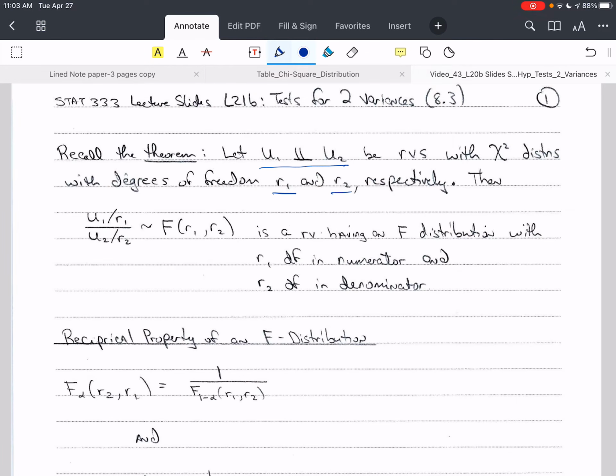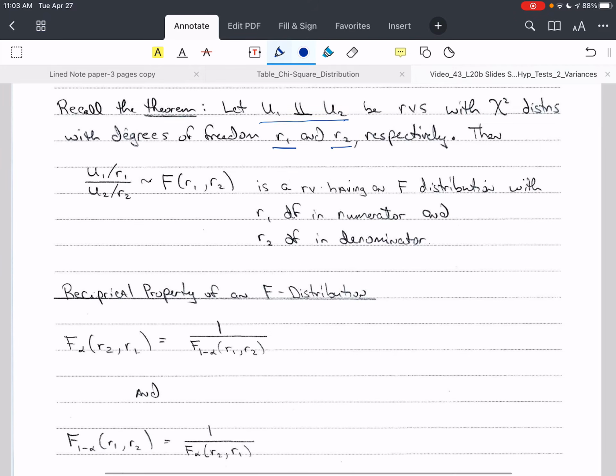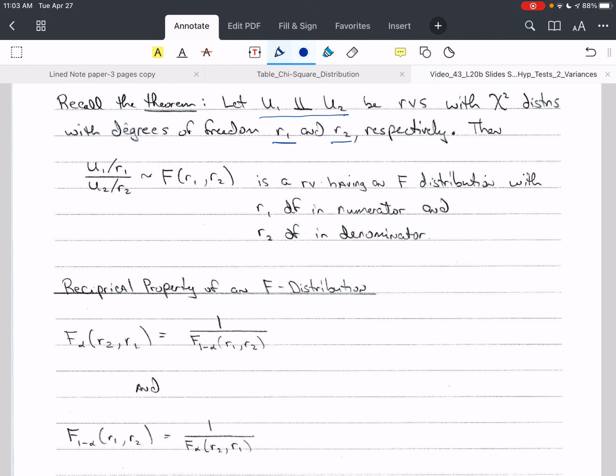Now, we need to recall the reciprocal property of an F distribution. Our table doesn't give us everything we need for these tests. So if I have F of 1 minus alpha, R1, R2, if that is in my table, but I need F of alpha, so 1 minus that, and I need R2, R1, so the degrees of freedom flip, then I take 1 divided by the F value I have.